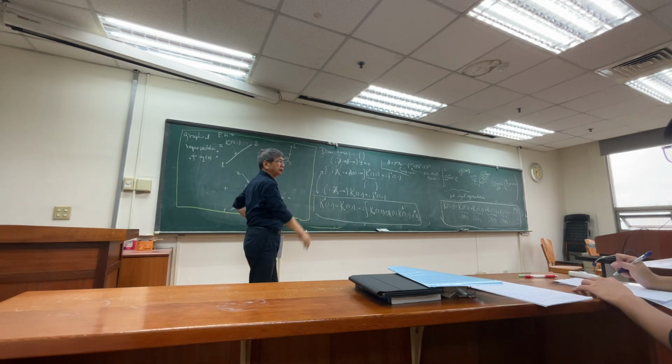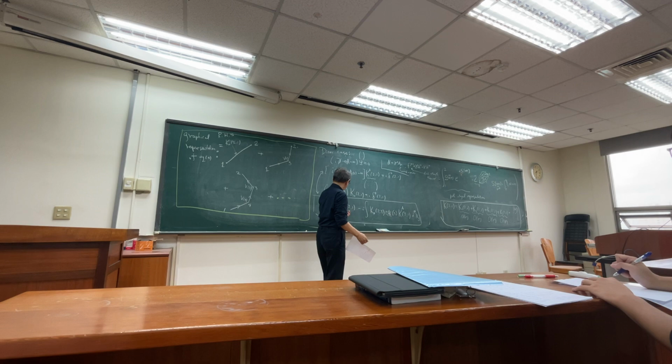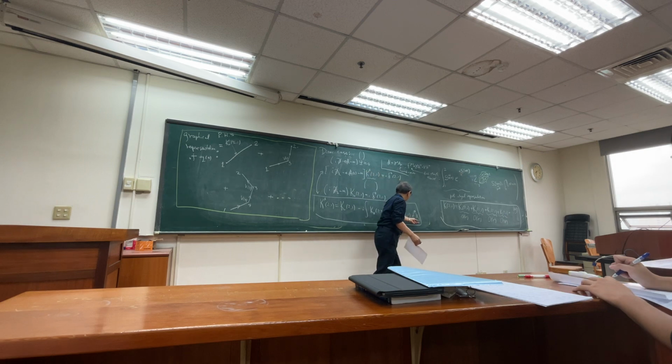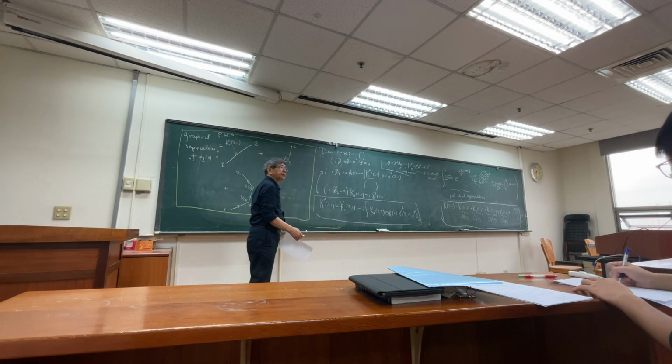And the proof, just as before, is easy. Use this operator to operate on the left-hand side, and this operator operates on this. This operator operating on this will give you a delta function. It operating on K0 will give you a delta function of 2, 3. And then you integrate over x3, it will be eA2, K21.